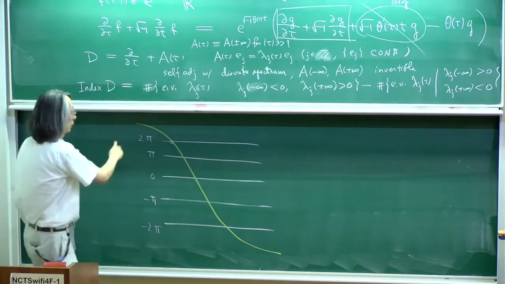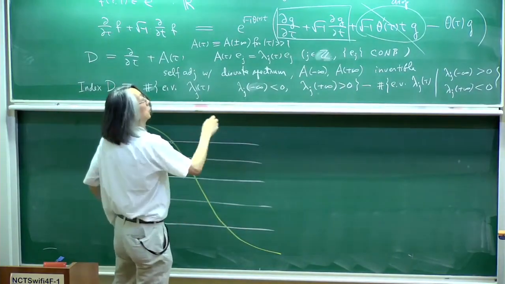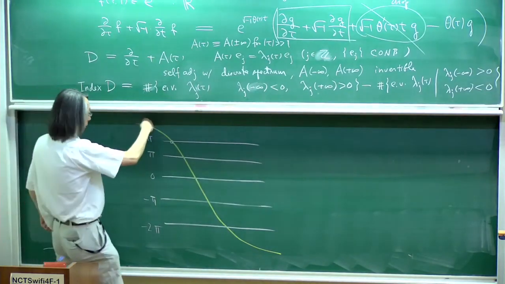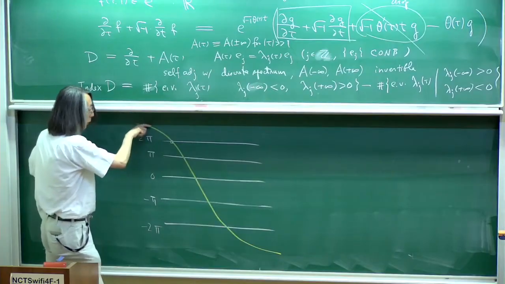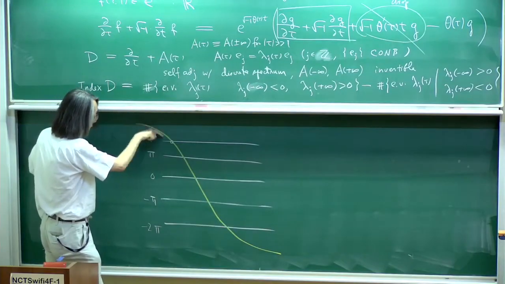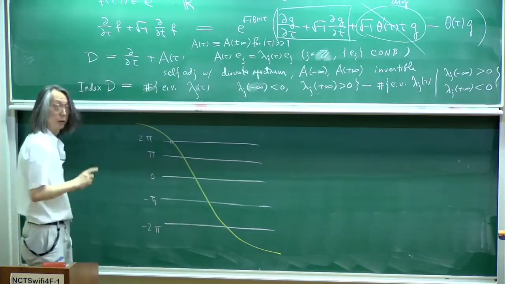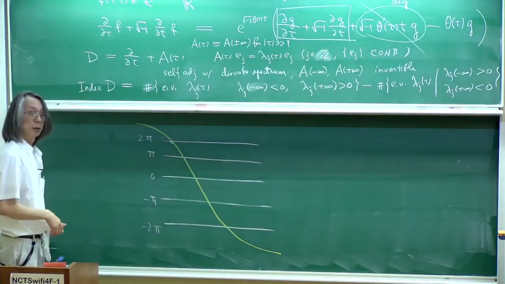So how many intersections with these pi Z lines, with signs? If you cross in this way, it contributes plus, and if it is the opposite way, it contributes negative. Okay?